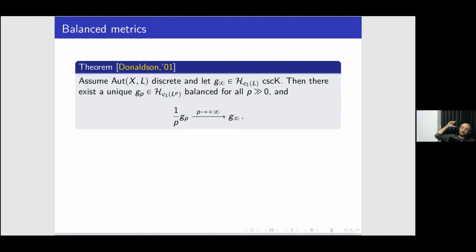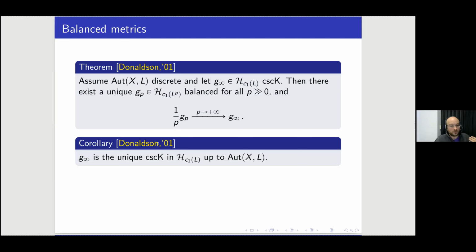So if you have an infinite dimensional canonical metric, there exists a sequence of finite dimensional canonical metrics for the good notion, and it tends to the metric as expected, right? As wished.